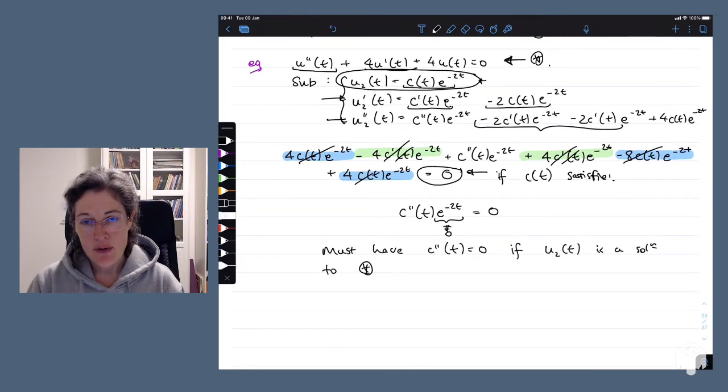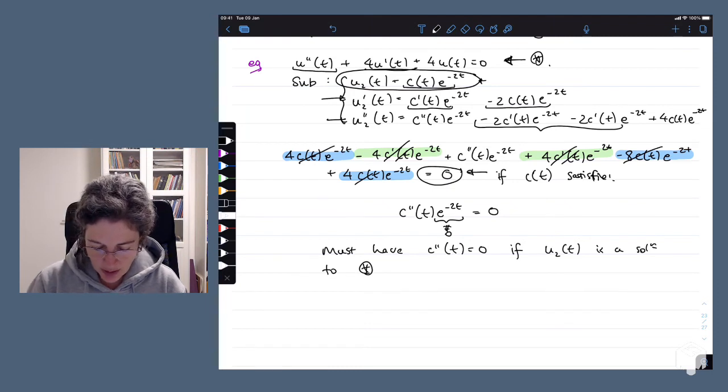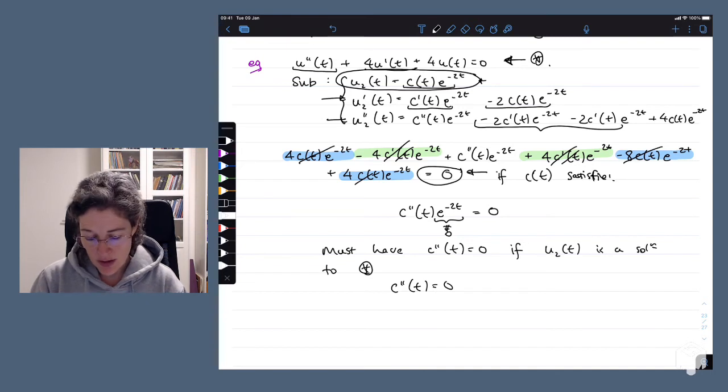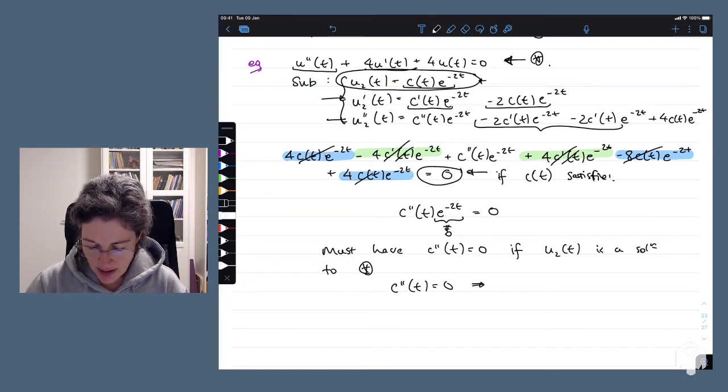Okay, well, if the second derivative of c is equal to 0, then what can we conclude? Well, we can just integrate this straight up. Integrate it once to get a constant, integrate it twice. It tells us that our c of t must be of the form at plus b.